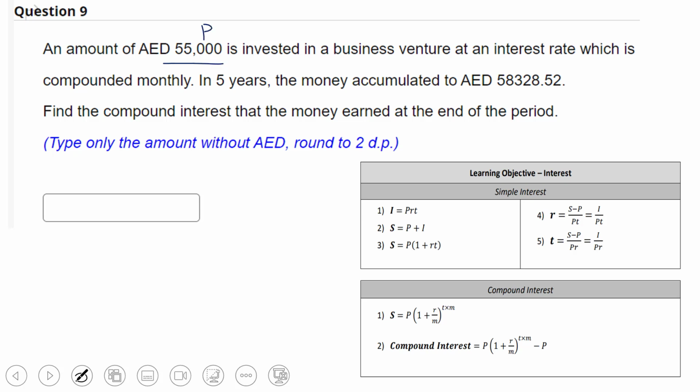This is the P, right? That's okay. This is P. This is T in here. No need to change anything, right? Okay, accumulated. This is S, right?